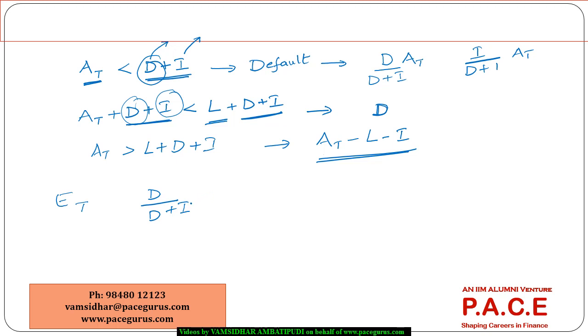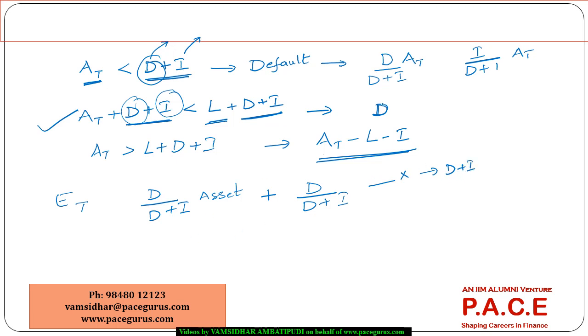So I have a share of D by D plus I in the underlying asset, plus I am going for a short call, because I'll receive this only if this is going to happen. So it is equivalent to a short call on D by D plus I number of assets, where the strike price X is D plus I.